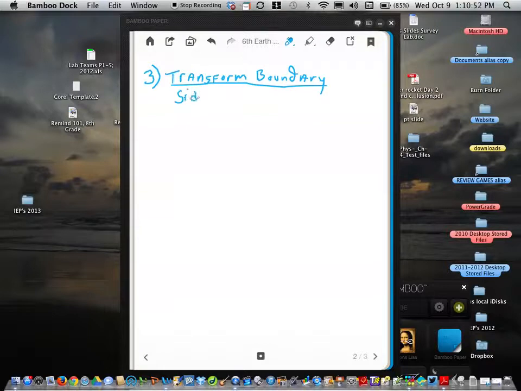Side by side movement. And the way it works is like this.